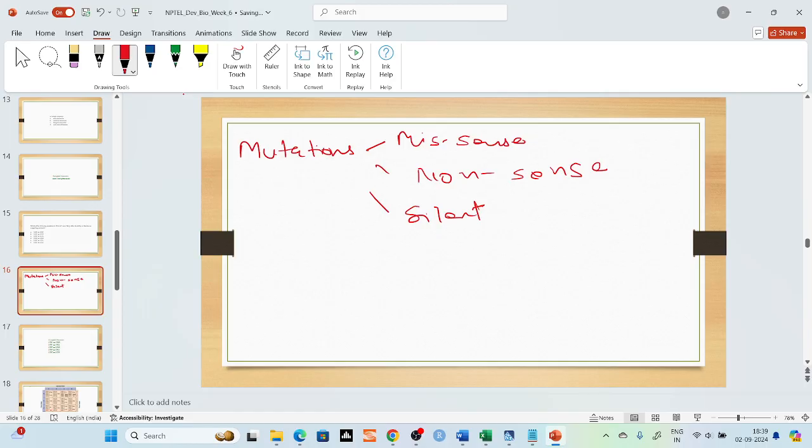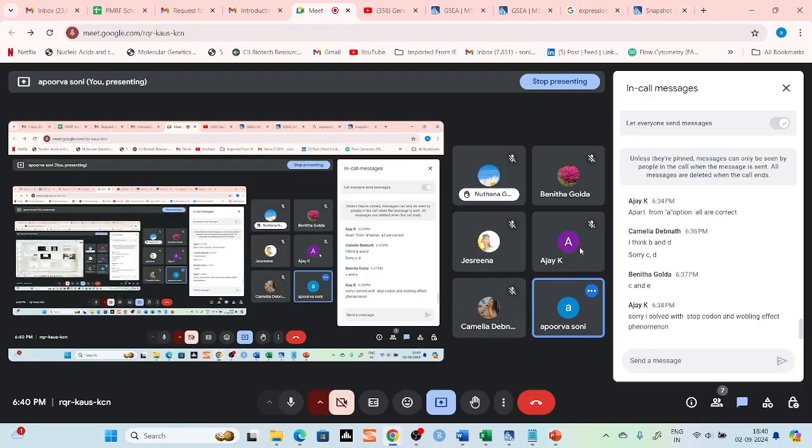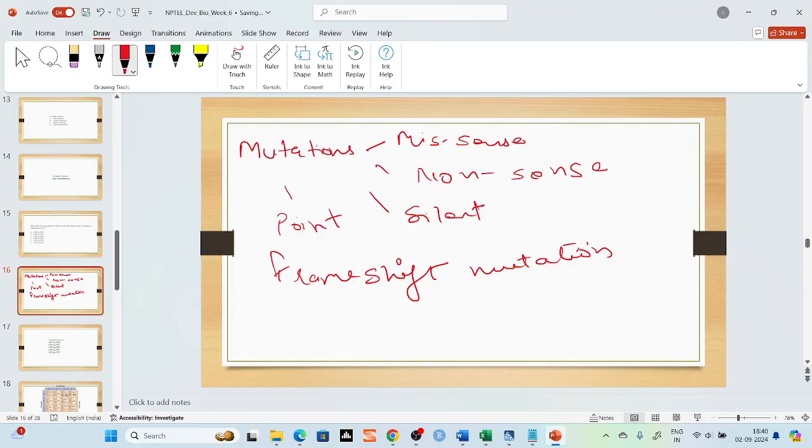These are not just the only types of mutations. There are other categories of mutations also that I'm not dealing with. Some mutations are point mutations, some are frame shift mutations also. So there are many different ways in which you can categorize different kinds of mutations. But now we are going to majorly focus on these three kinds of mutation: missense, nonsense, and silent mutations.